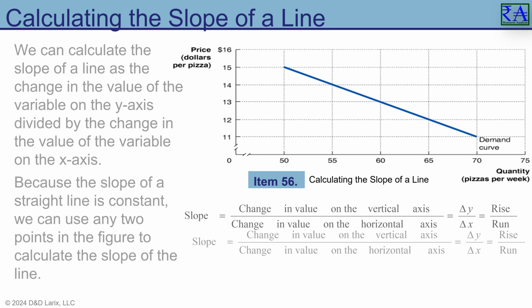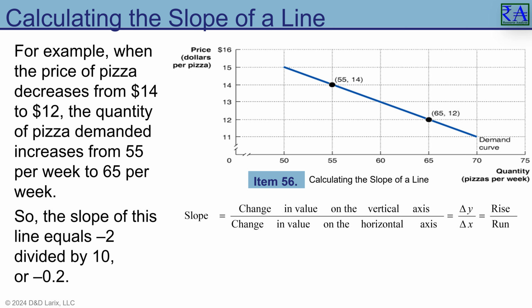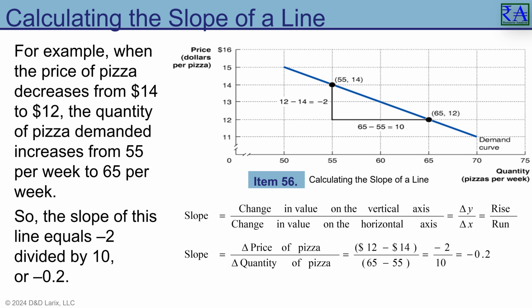For example, when the price of pizza decreases from $14 to $12, the quantity of pizza demanded increases from 55 per week to 65 per week. So the slope of this line equals the change in price, -2, divided by the change in quantity, 10, or -0.2.